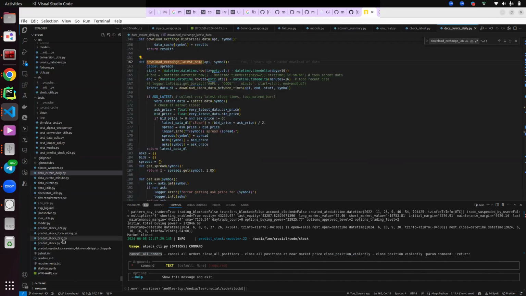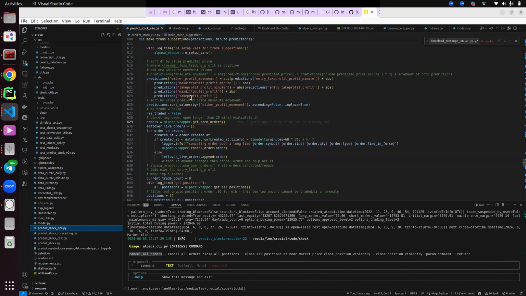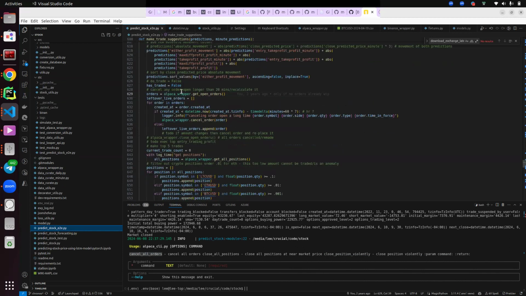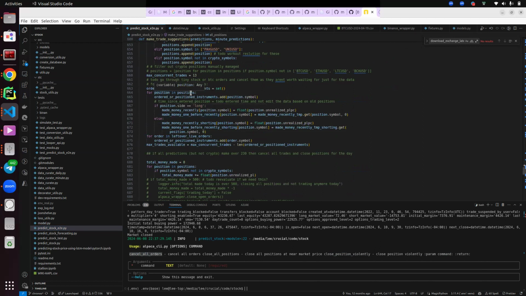Back to this messy post-processing stuff. We have these trackers for all of the things we've done.